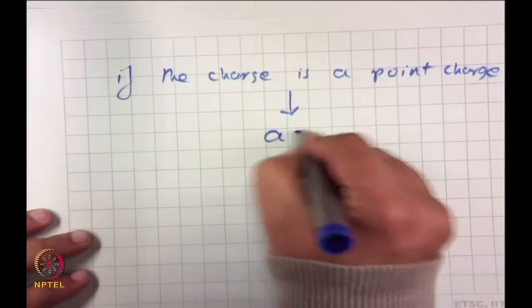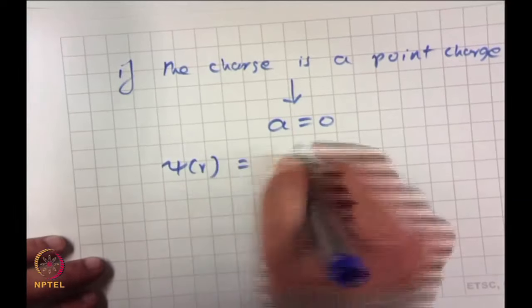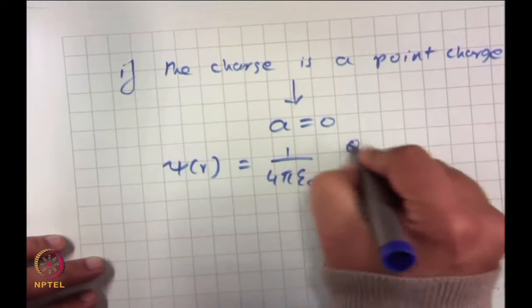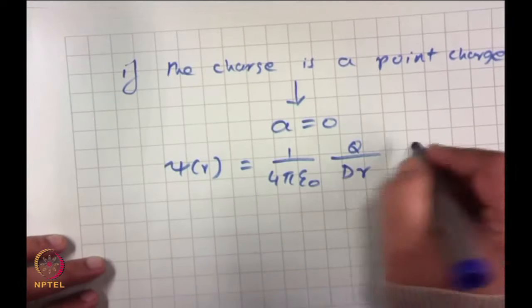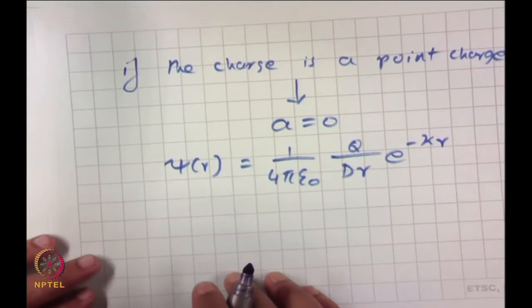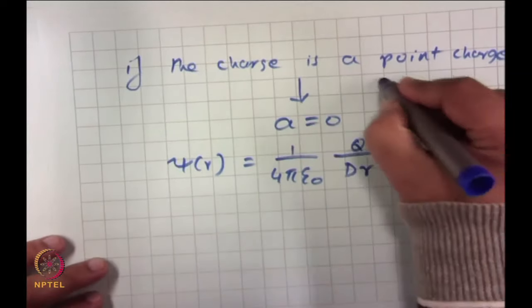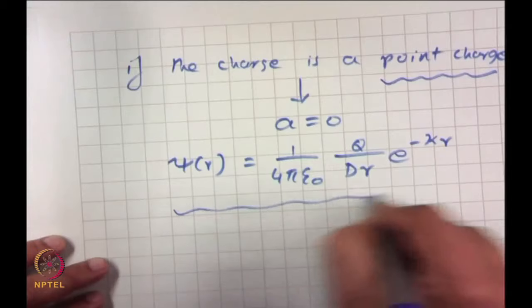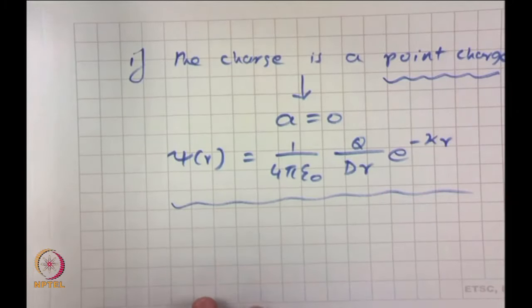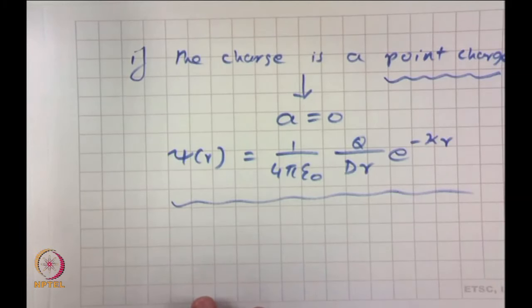So that means a is equal to 0, and then psi of r is equal to 1 by 4 pi epsilon 0 q by d times r, e to the power minus kappa r, because a is 0 now. So this is for a point charge. The one we wrote down before was a very general solution, and now you are being specific, that is you are saying that a essentially tends to 0.